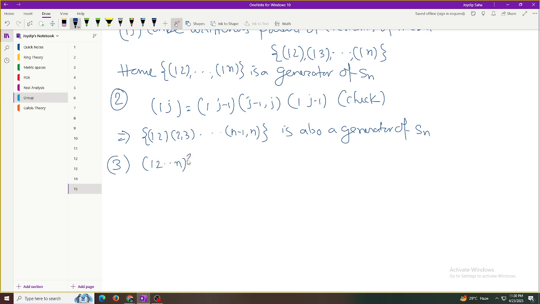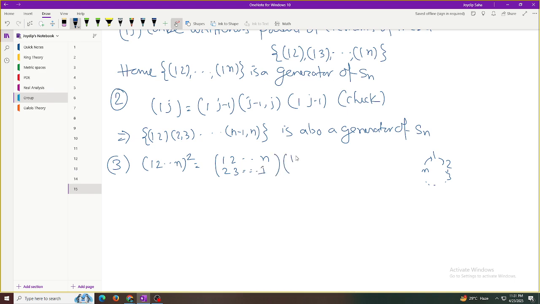(1 to n) squared. If I write this (1 2 3 ... n), 1 goes to 2, 2 goes to 3, and n goes to 1, then what is the square? Can you tell me? 1 goes to 2, 2 goes to 3, and n goes to 1.